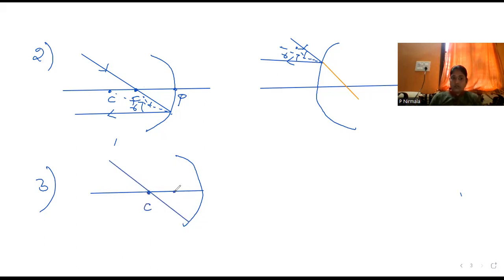So this case also, right? Yeah, fine. Once the ray passes through the center, the reflection also passes through the center, either in the concave or convex.